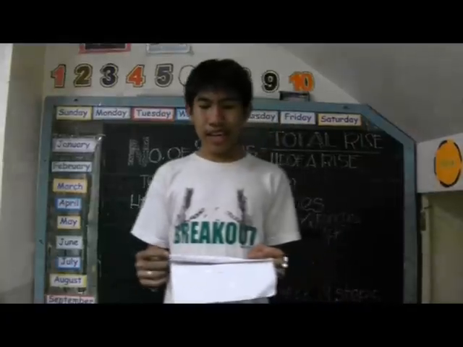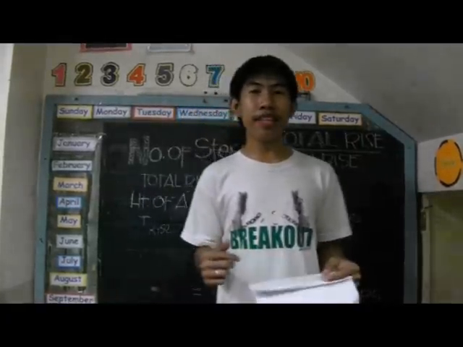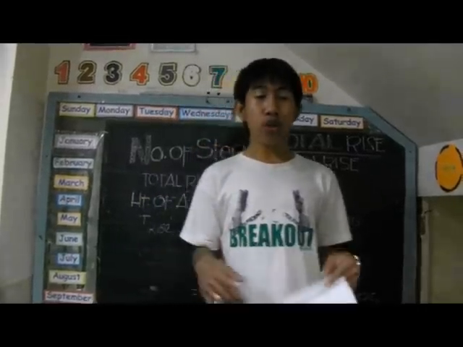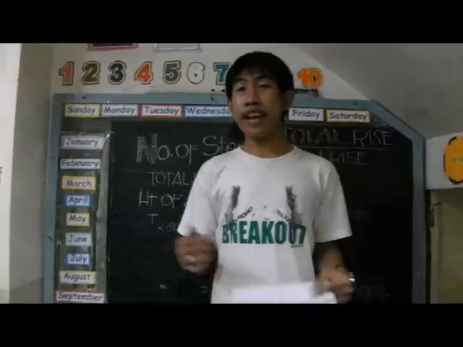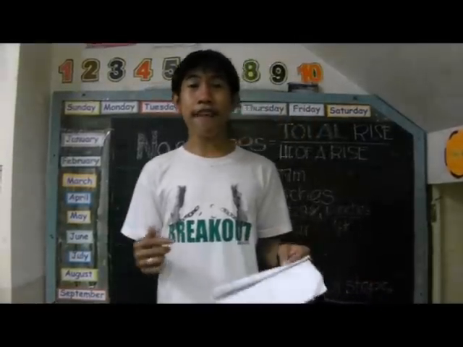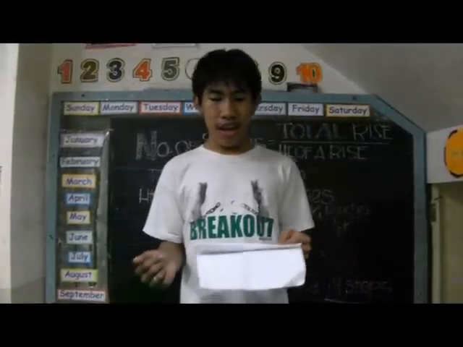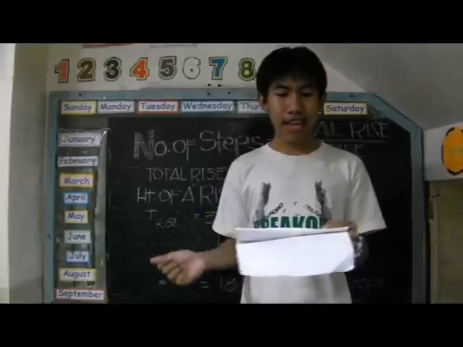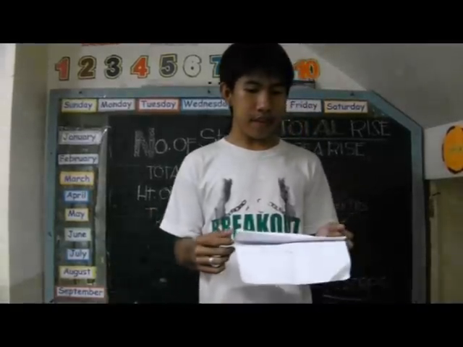Good day to everyone. After I discussed the different terminologies and definitions of each part of the stairs, for this moment, allow me to teach you how to compute the number of steps of stairs, the total rise, and even the height of each rise, using the given values of all functions. There are 2 ways of getting the unknown quantity.